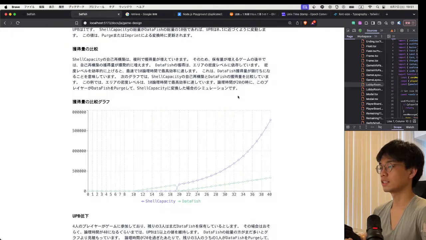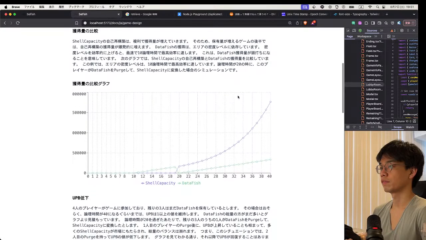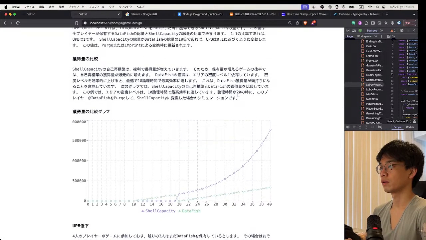The density level goes up to max for 10 logical time at first.